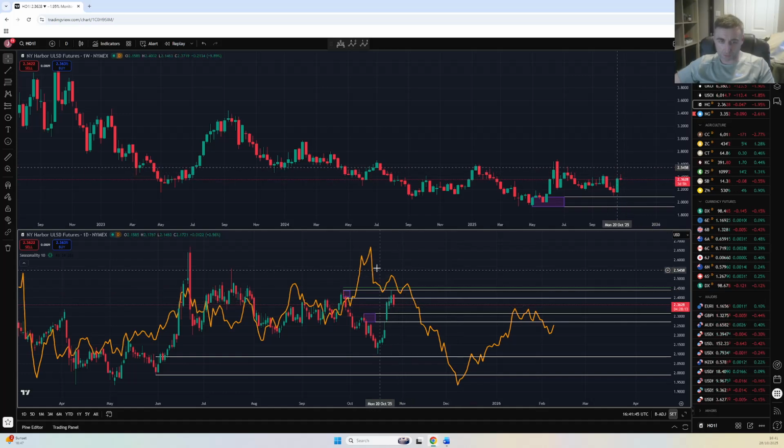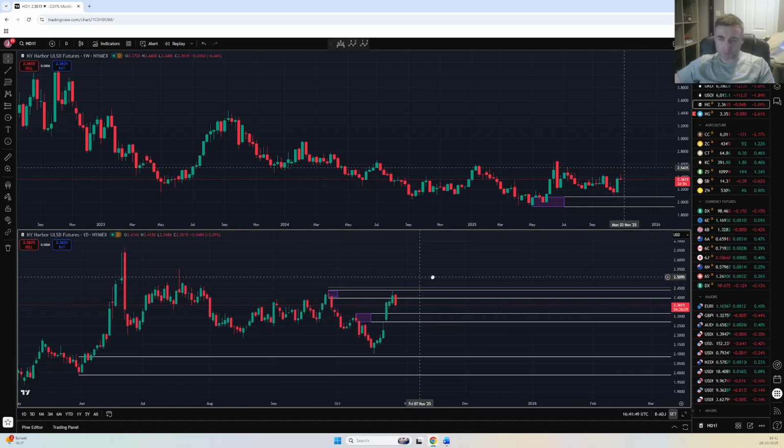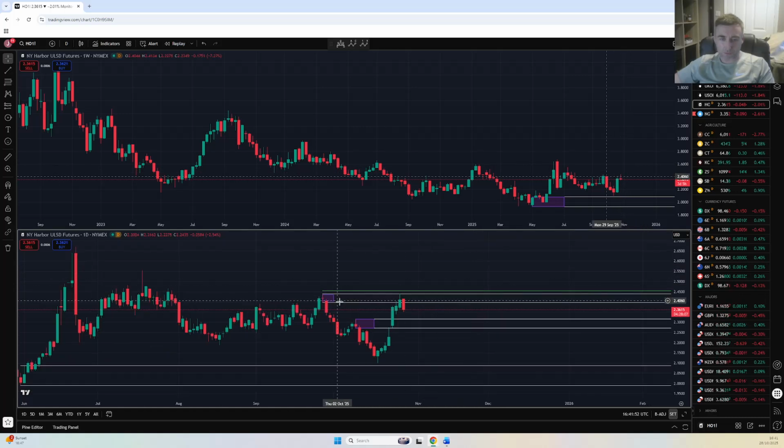I'm looking at this now. Let me remove this. I'm looking at this and I'm thinking, okay, we've got a good zone here, and then we've reached the point from a seasonality aspect where it's predicting a move downwards.